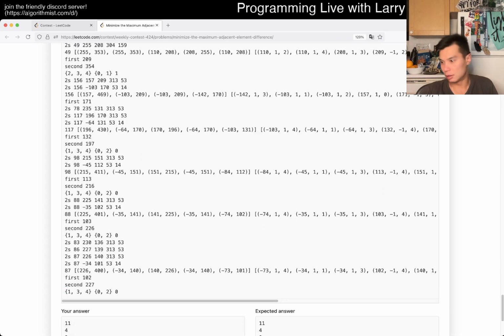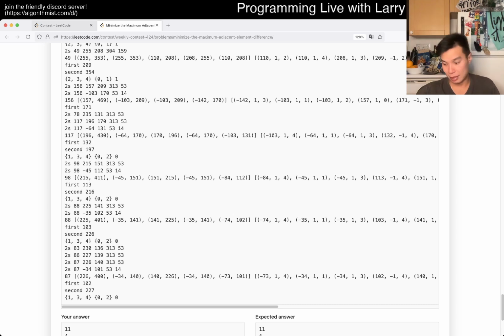I mean, I guess the good thing is that I was not close, but yeah, so then now we have 313, 553, we can construct, was it 313, 87, right? So that means, I guess just 226, 400, and then we have 53 plus and minus, so -34, 140. So we have those two things, right?